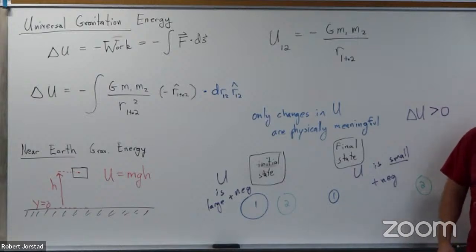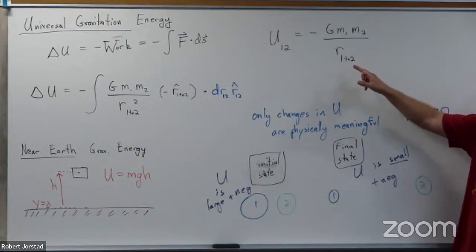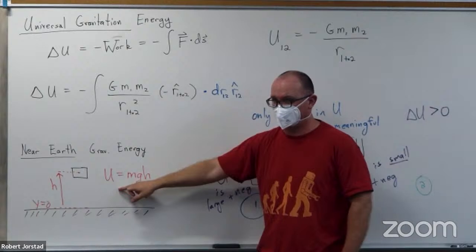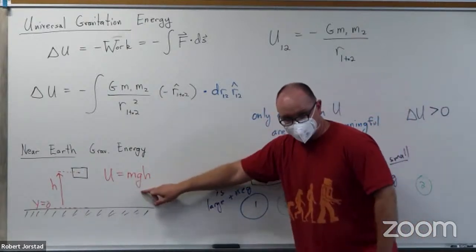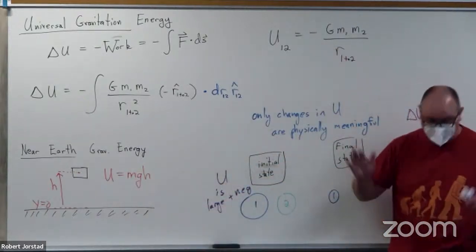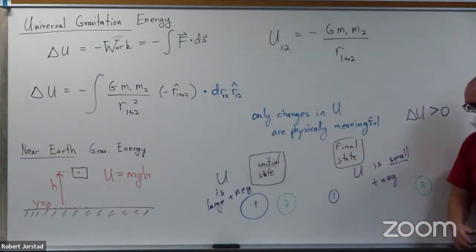One last thing. If you do a Taylor series about this and expand it and keep the first term, you get that. I can show you that later. Believe it or not, this is the Taylor series of that expanded about the radius of the Earth. It's a problem in the book. We can look at it later.